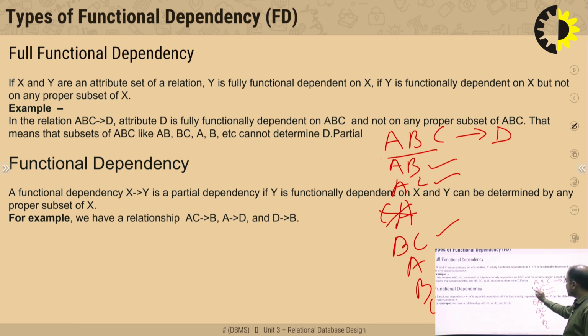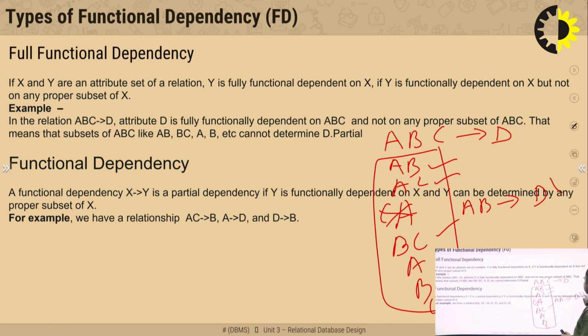If D is fully functionally dependent on ABC, then there is no proper subset that can determine D. AB cannot determine D, AC cannot determine D, BC cannot determine D; alone they do not determine D. Clear?